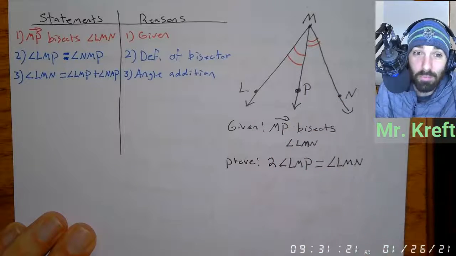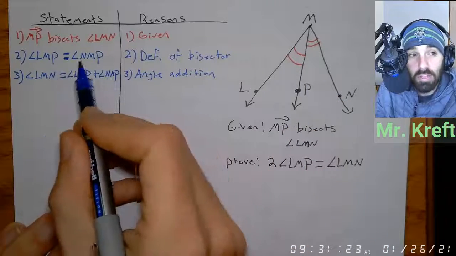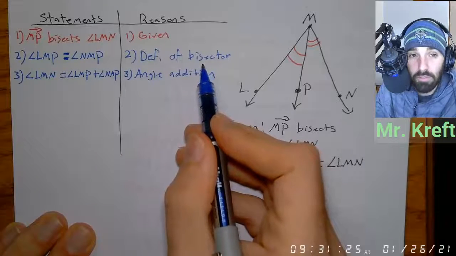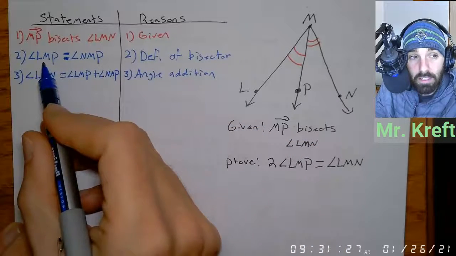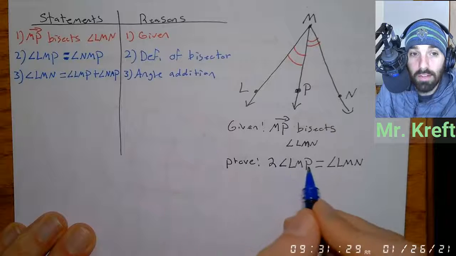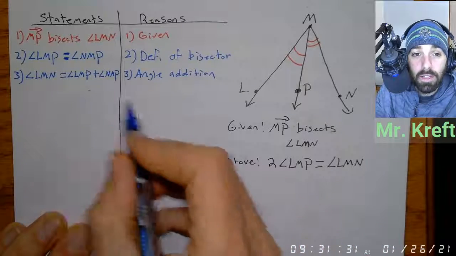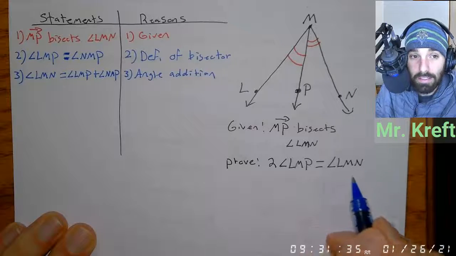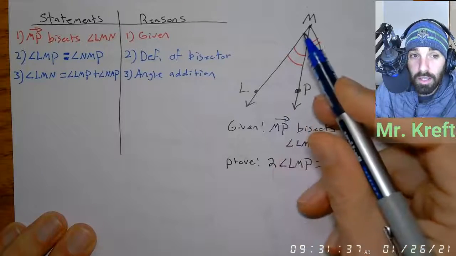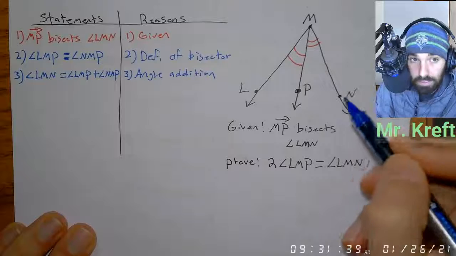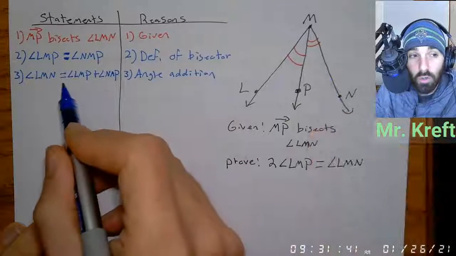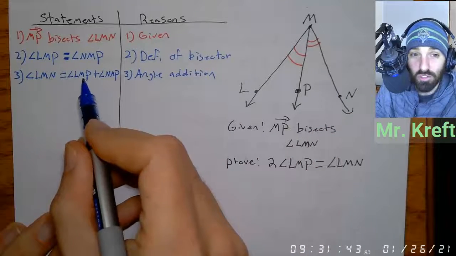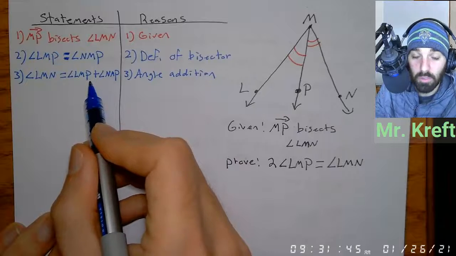And if you have two halves, that means they're the same. So I started with that, using the given, saying definition of a bisector. And what that gave me is an equation with LMP in it, okay? Then I was like, hey, I don't have an equation with angle LMN in it. So angle LMN is the big angle. So I was like, oh, that big angle is really just the sum of those two smaller angles, okay?